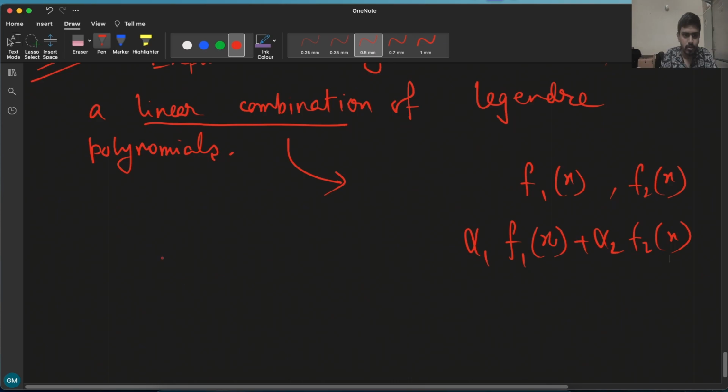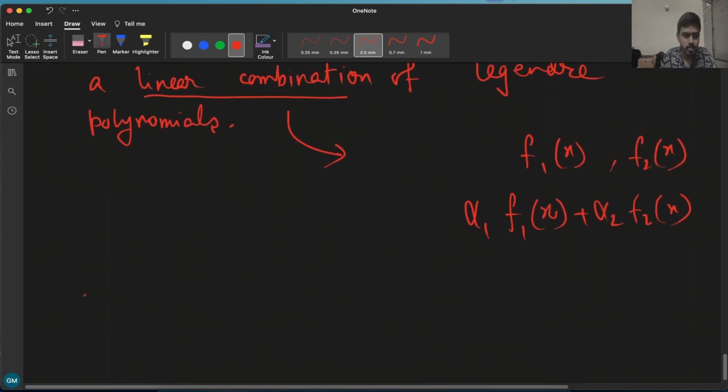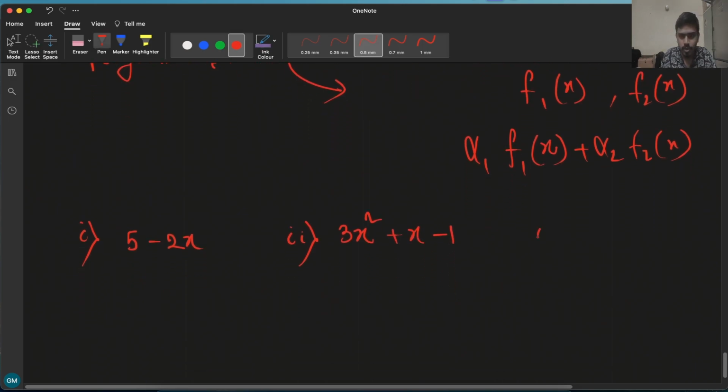So the given functions are: number 1 is 5 minus 2x, number 2 is 3x² plus x minus 1, number 3 is x⁴, number 4 is x minus x³, and number 5 is 7x⁴ minus 3x plus 1.